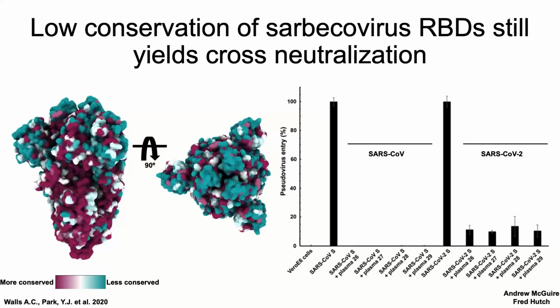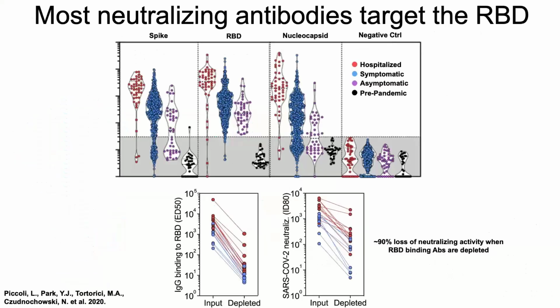And since we knew that the majority of the neutralizing capability comes from the receptor binding domain, we were excited to start looking to see what cross-reactive receptor binding antibodies are there, and if there is some cross-reactivity, can we use this therapeutically, and what can we learn about this structurally, and how are they able to neutralize potentially both SARS-1 and SARS-2?